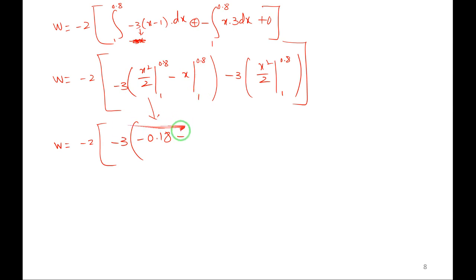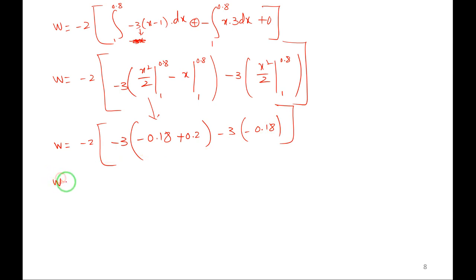I am getting minus, but minus into minus it will become plus 0.2. Close this bracket.